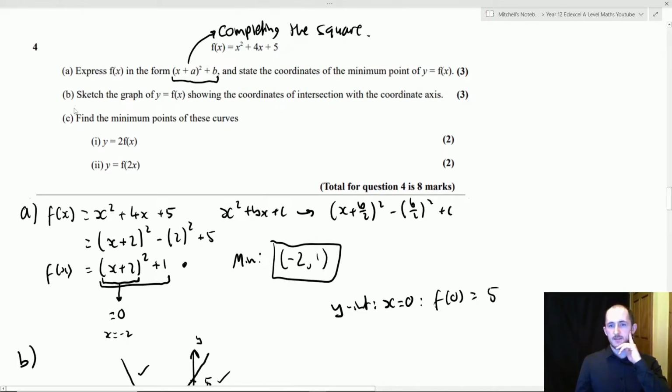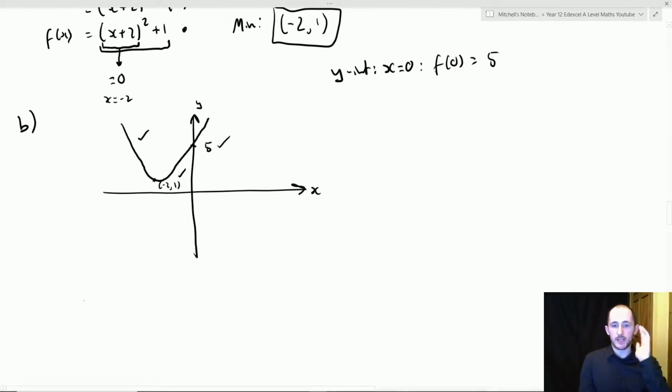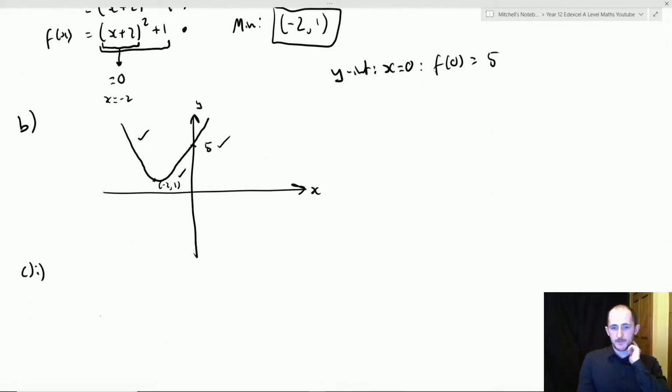And then all it says is find the minimum points of these curves. Now this is interesting, because if we just need the minimum point, I don't need to sketch it. And for the first one, it says y equals 2f of x. So what does this do? It times the y coord by 2.